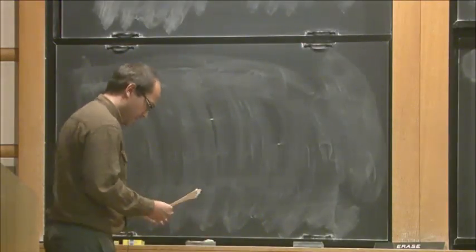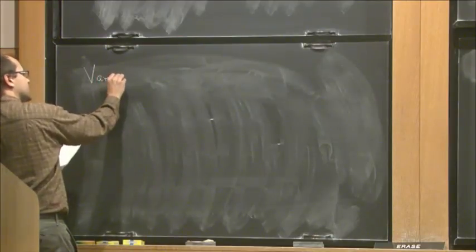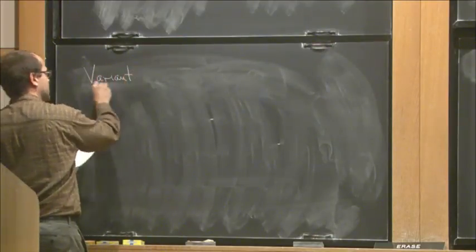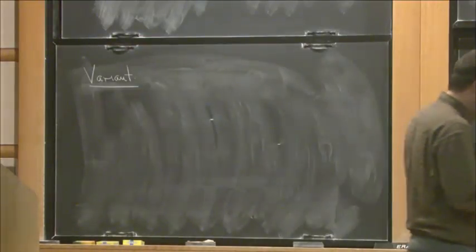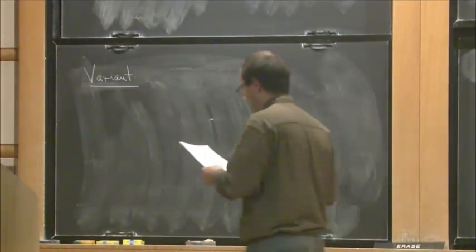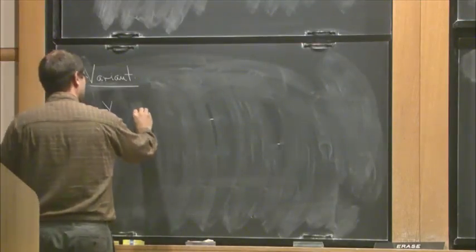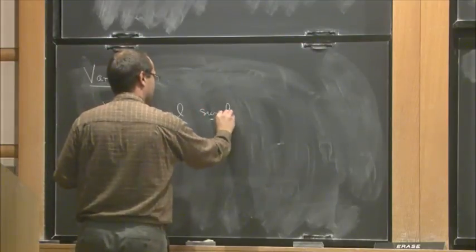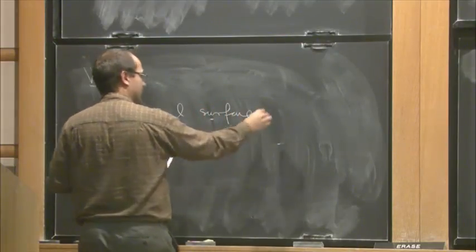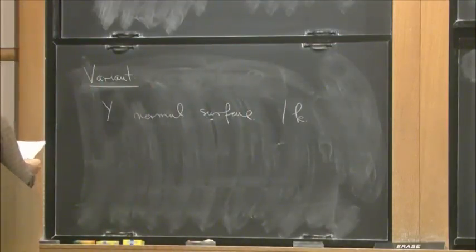All right, so let me give a variant statement, which I think is interesting in its own right, and it's also key in the proofs. So let me consider Y a normal surface. Again, this could be more general, but let's say over a finite field.